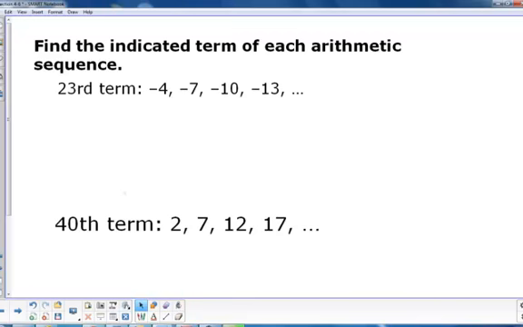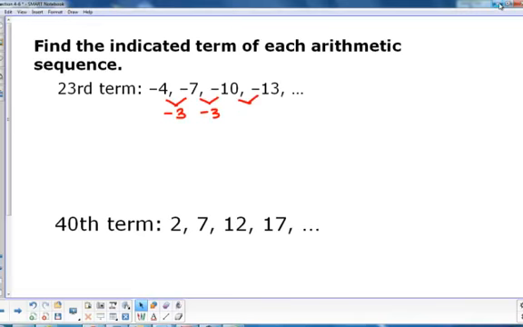Arithmetic. 4 to -7, we're going down by 3. Down by 3 again. Down by 3 again. So our common difference is -3. And we want the 23rd term, and this is our first term.